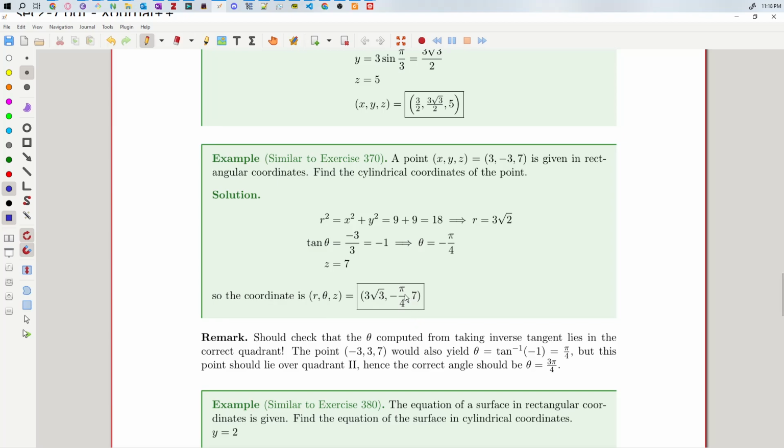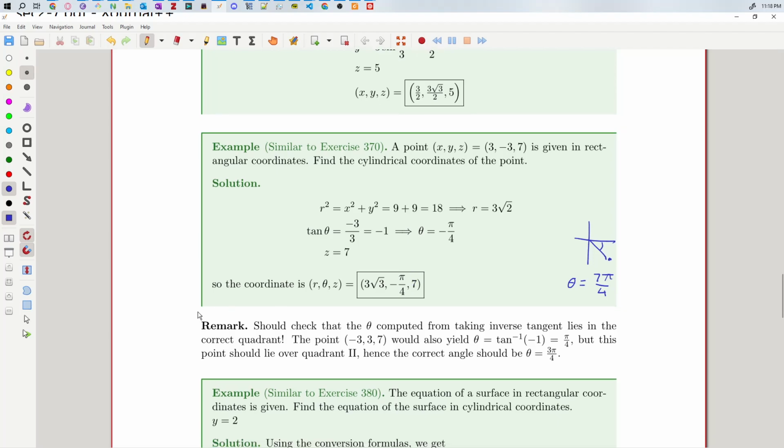Although, if you wanted to, you could enforce that it's between 0 and 2 pi, in which case, let's see. We're talking about the angle here. So instead of minus pi over 4, this would be 7 pi over 4, another way of naming that angle.